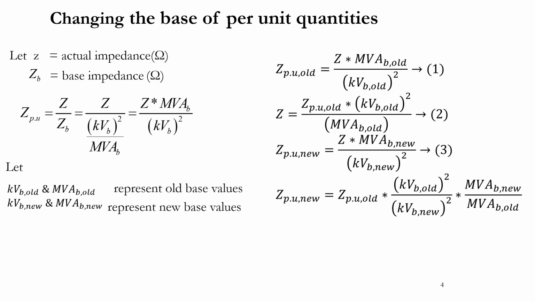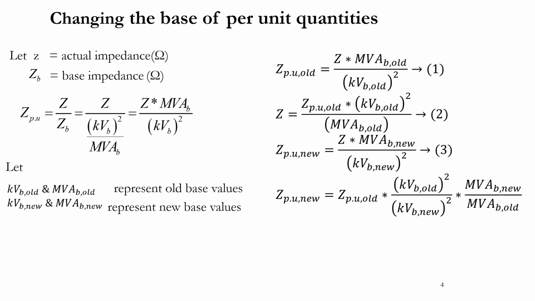Now, let us see how to change the base of any per unit quantities. So first let us see what is impedance per unit. Let Z be the actual impedance in ohm. Z base is represented as ZB. What is impedance in terms of per unit? Z per unit is actual divided by base.